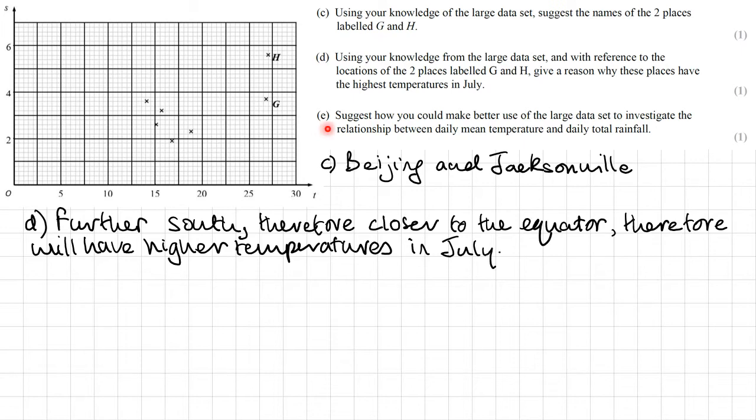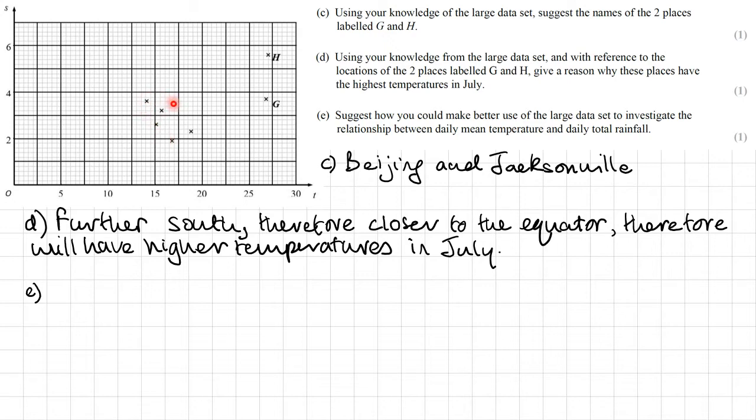And lastly, part E. Suggest how you could make better use of a large data set to investigate the relationship between daily mean temperature and daily total rainfall. So my suggestion would be pick somewhere where you can investigate just one climate rather than a worldwide climate. So rather than trying to look for a correlation in places that have completely different climates, pick one place. Even within the UK, different locations have different climates.